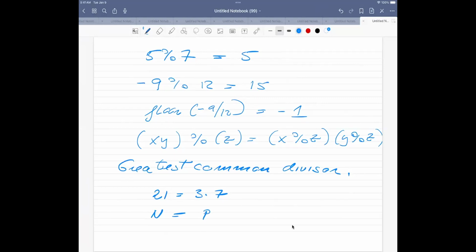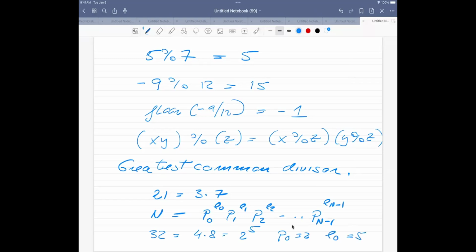So we could have p0 to the power of e0, p1 to the power of e1, p2 to the power of e2, etc., up to p of n minus 1 to the power of e of n minus 1. Just to give you another pretty boring example, if you look at a number like 32, this is 4 times 8, but we would have this as 2 to the power of 5. So we would have p0 equal 2 and e0 equal to 5.